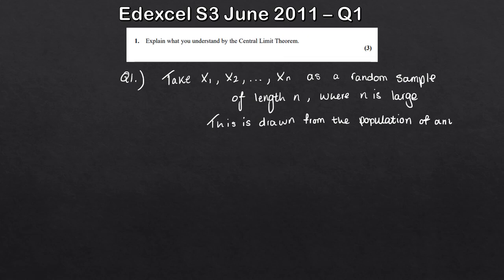This is the magic of the central limit theorem. So it's drawn from the population of any distribution, and let's say the mean is mu, and it has a variance of sigma squared.